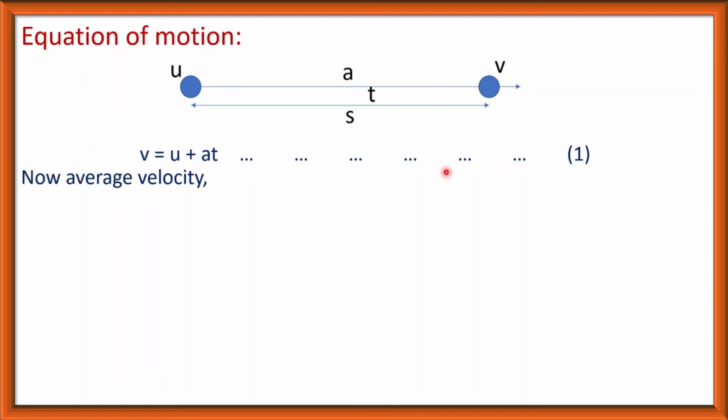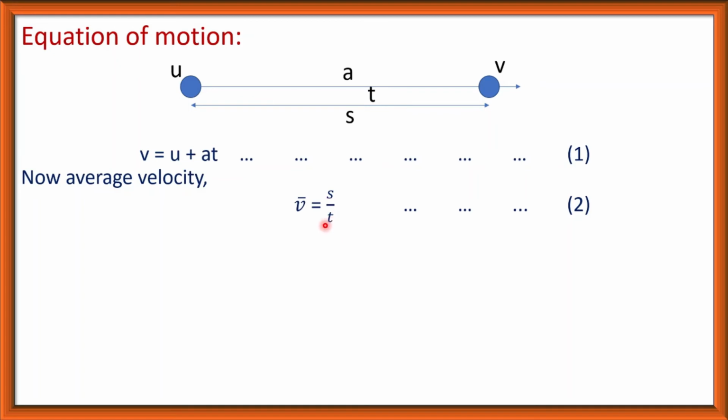Now average velocity. Average velocity means the total distance traveled divided by the total time. If we divide the total distance by total time, we will get the average velocity. Here total distance is s and total time is t.